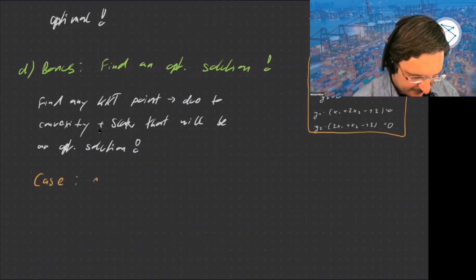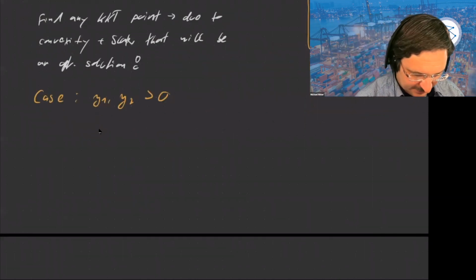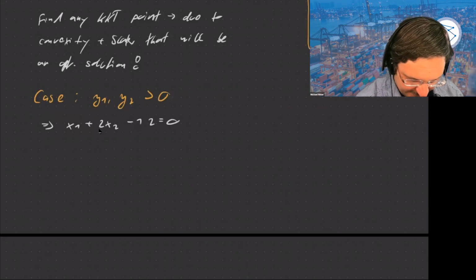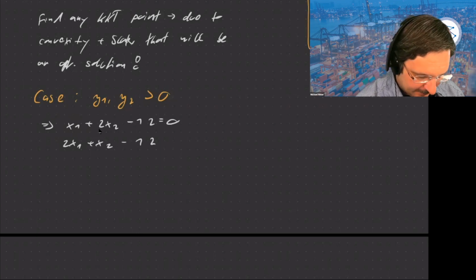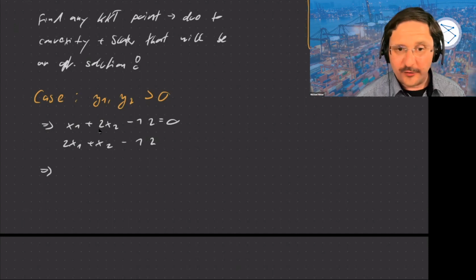First case, y1, y2 are both strictly positive. In that case, to state it again, those two equations here need to be fulfilled at equality. It's easy to see that those are linearly independent, and we already know a solution.